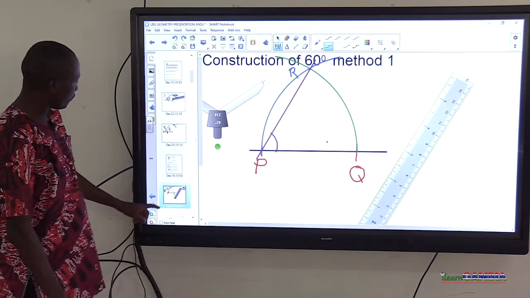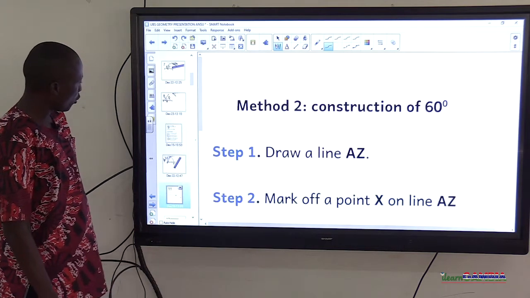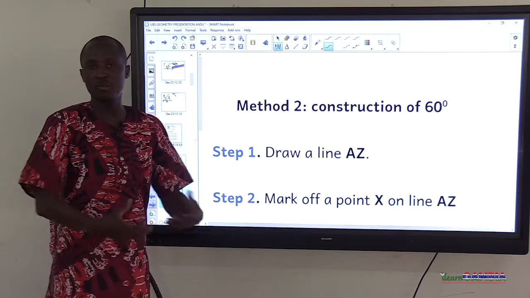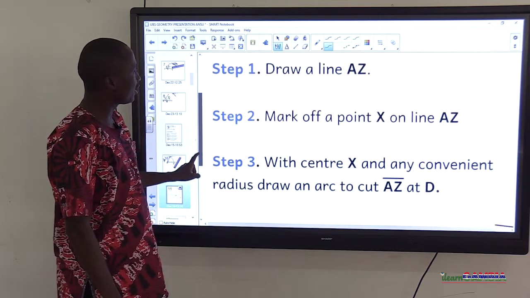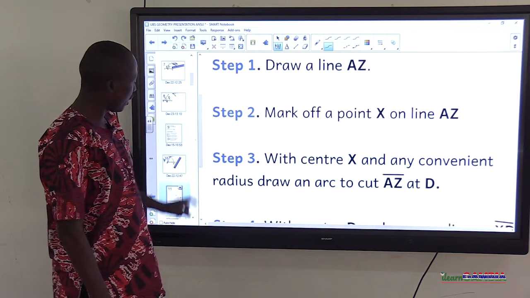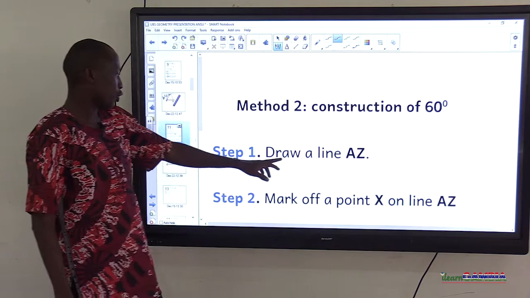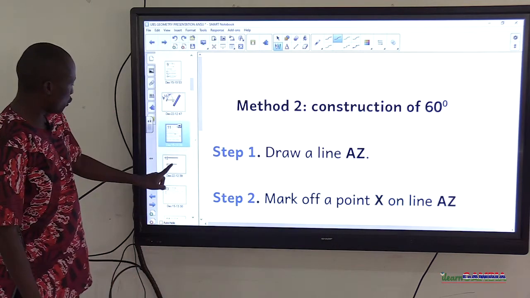Now we move on to step or method 2. How do we construct the second method of constructing an angle of 60 degrees? Now, step 1. The line to be drawn is AZ. That's the first thing we do.